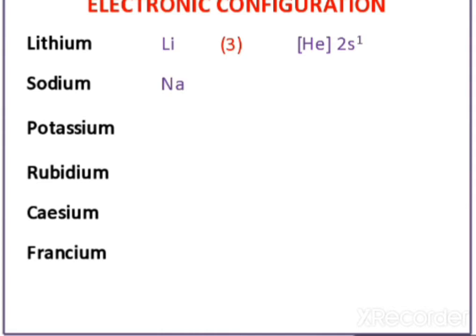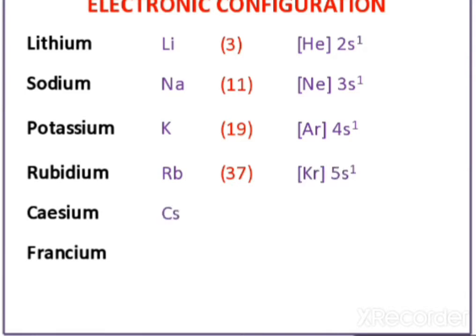After that, sodium, atomic number 11, configuration will be 3s1. You can see only the principal quantum number is changed. In place of 2, it is 3, and the number of electrons in s orbital is the same. Then potassium, atomic number 19, again you can see the number of electrons in s orbital.